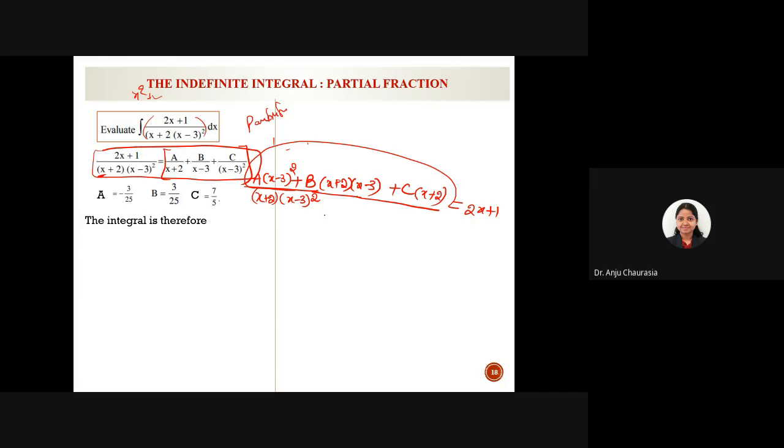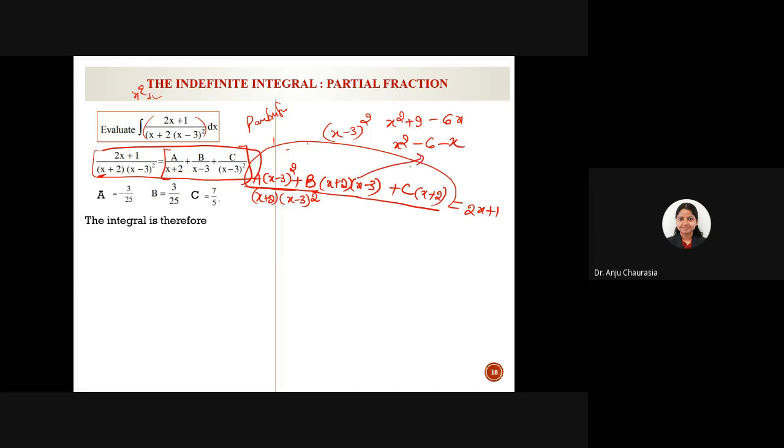For that, you have to open x minus 3 whole square, that is (a minus b) whole square, that is x square plus 9 minus 6x. Here also when you open and multiply, you will get minus 3 into 2 is minus 6, and minus 3x plus 2x, that is minus x.